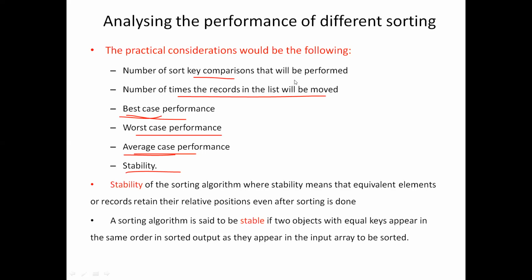Before sorting, some two or three elements will be in the array, and after sorting also, those elements will be in the same position. That we used to say as stability. So even after sorting, the elements are retaining the stability. These are the practical considerations we have to check when implementing a sorting algorithm in different types of applications.